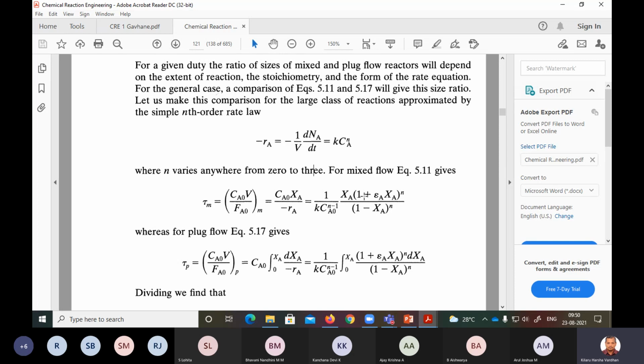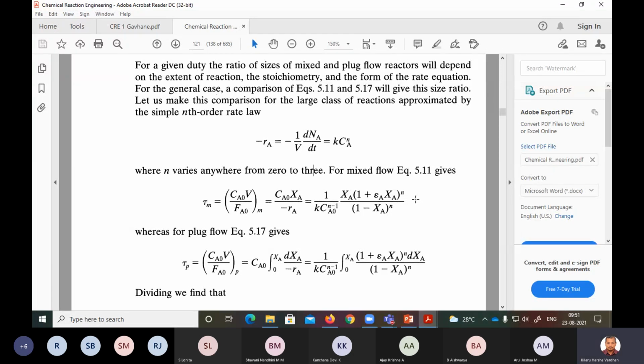This you can write for both liquid phase and gas phase. Let us write for a gas phase where the expansion factor also comes into the picture. If it is a liquid phase reaction, you can simply substitute epsilon A as 0 and finish off, right?